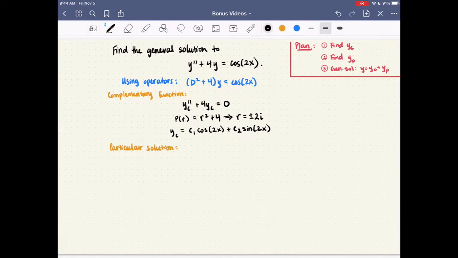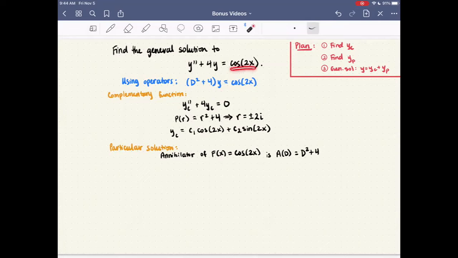We're going to do this using annihilators. The annihilator of our right-hand side, in this case capital F of x is cosine 2x, is A of D equals D squared plus 4.